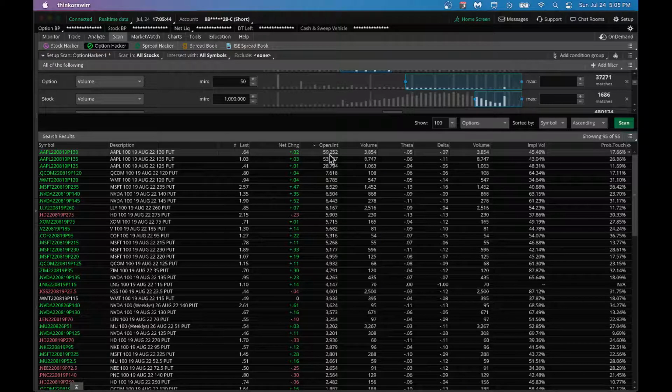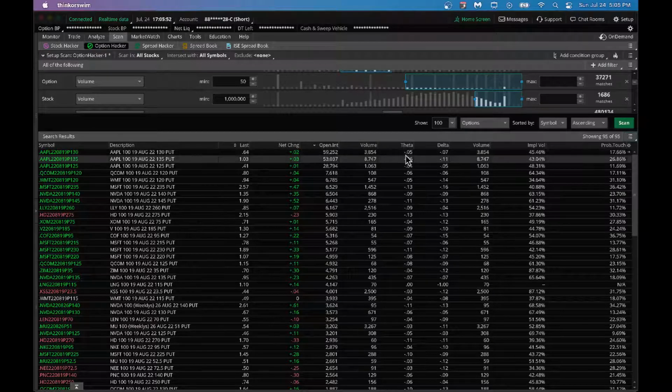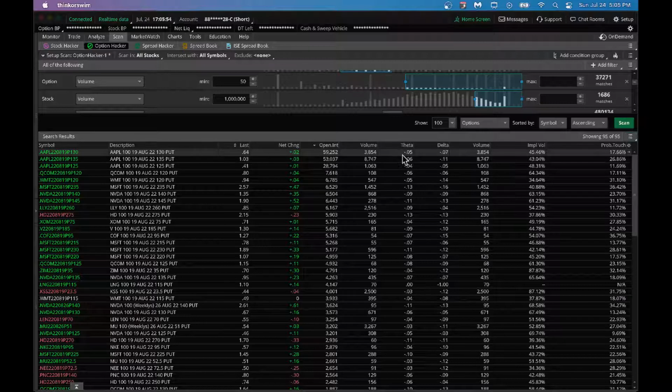There's a very high open interest, as you can see here, 59,000 open interest, which is great. Nice volume, and every day you get to make 5 cents. We call this theta decay. As every day passes, it will erode option value, which is what you want if you're a put option seller.